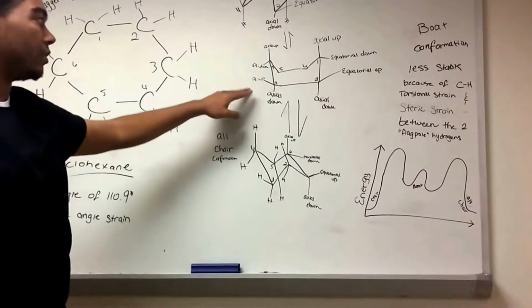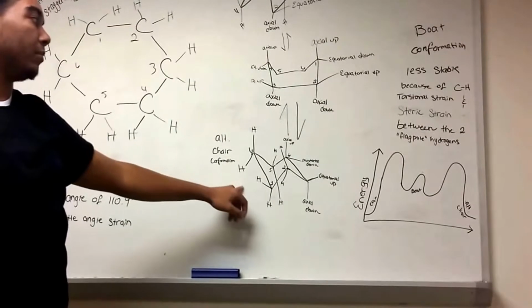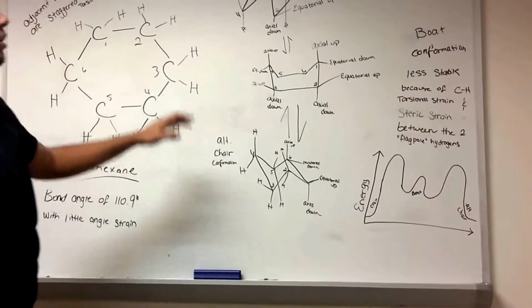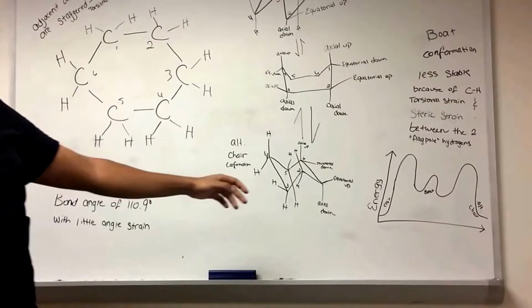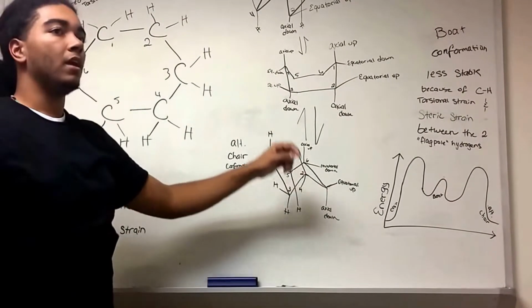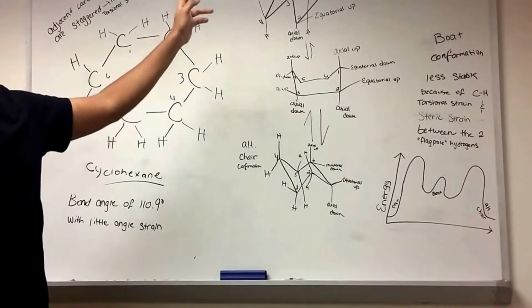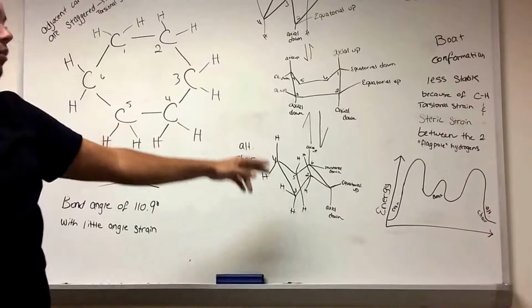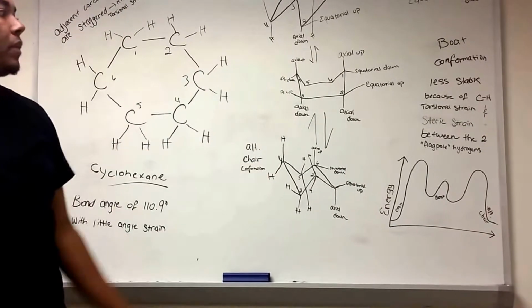With more twisting along the carbon-carbon bonds, you will get an alternate chair conformation, which is essentially just the chair conformation flipped. In this case, your axial groups will go equatorial, but if your axial group was up, it would remain up as an equatorial. Once again, these also alternate between each carbon.